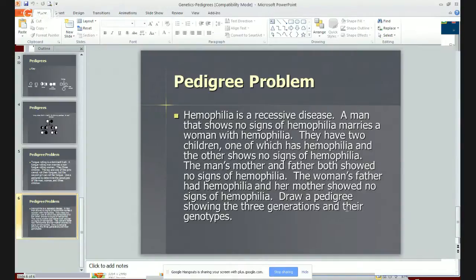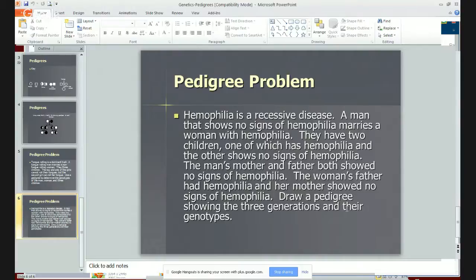So we know that they both have at least one big H. One of them has to be a carrier, because otherwise he had to receive that allele from somewhere. But since we don't know anything else, we can just leave their second allele blank.